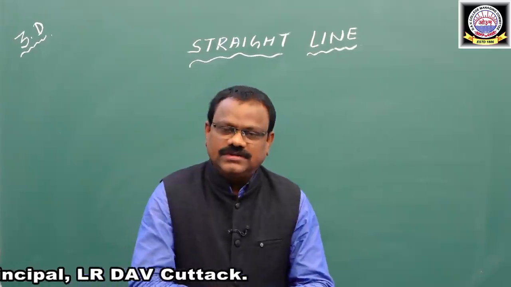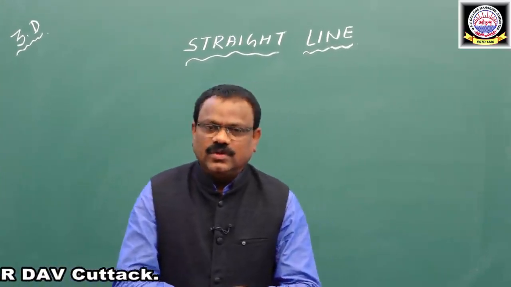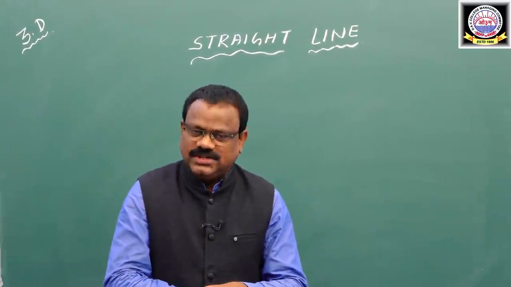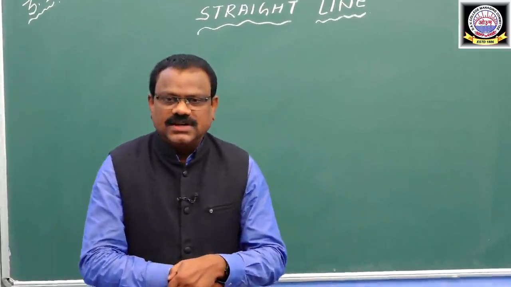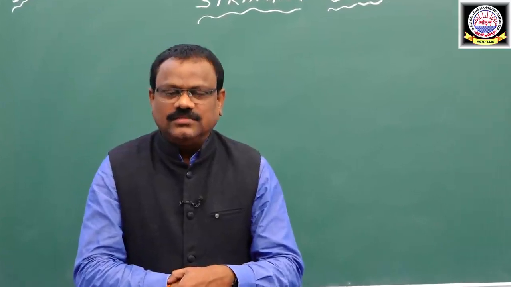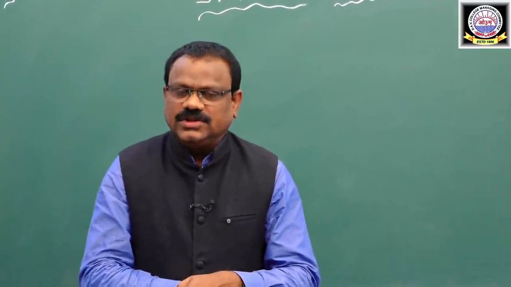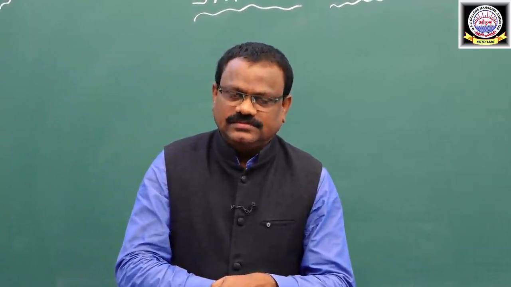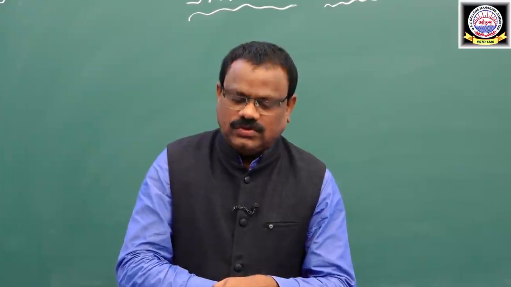In two-dimensional geometry, you have taken the locus point P, which is x comma y. That's why every equation of the straight line comes as something x plus something y is equal to something. So that x comma y is nothing but the locus point.